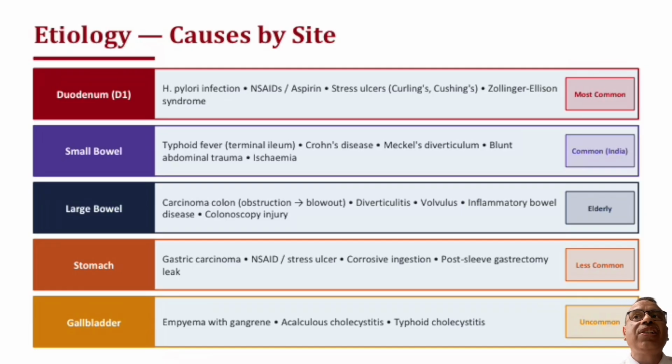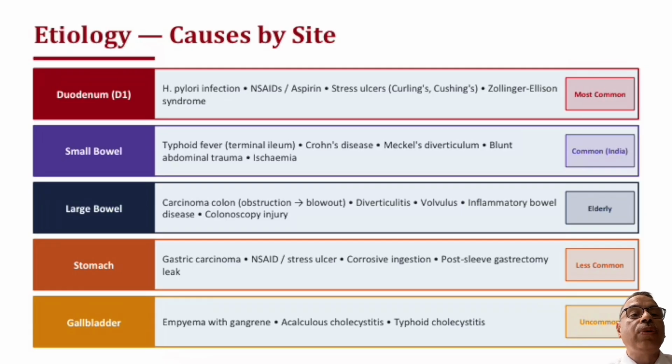And why does it occur? As we already know, the lesions which are present on the left side of the gut, that is the descending colon and sigmoid colon, are more annular. That means constricting lesions. So as they occlude the lumen of the gut, it would lead to increased intraluminal pressure proximally.